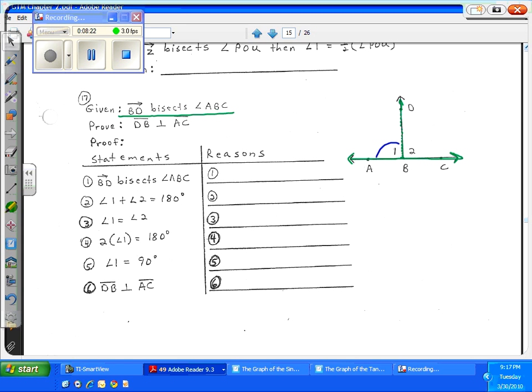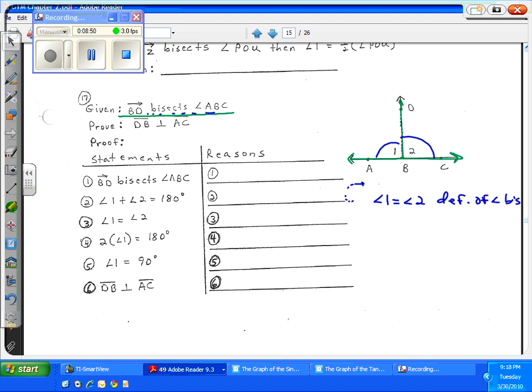An angle bisector, by definition, divides an angle into two equal adjacent angles. So from the definition of an angle bisector, we can conclude that angle 1 must be equal to angle 2. And the reason we have the word angle bisector and the what we get out of it, two equal angles, and so we say definition of an angle bisector.